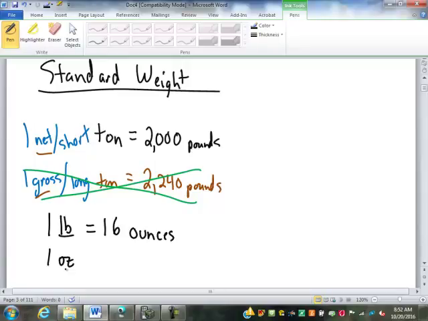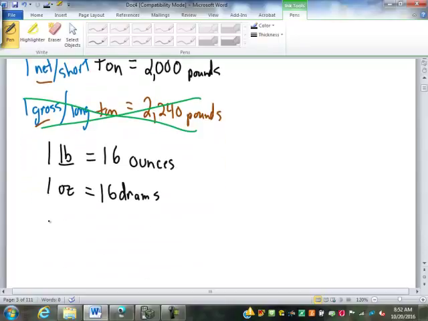Smaller than an ounce, there's something called a dram. There are 16 drams in an ounce. A dram sounds metric, but it is not. It is a unit, one of the original apothecary units. You might get prescribed an eighth of a dram of medication or a quarter of a dram of medication. There was another unit that was very common called a grain.